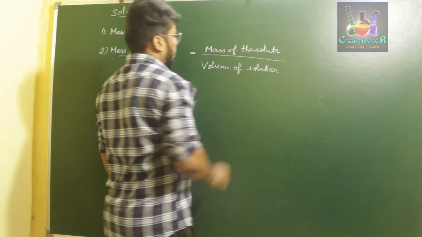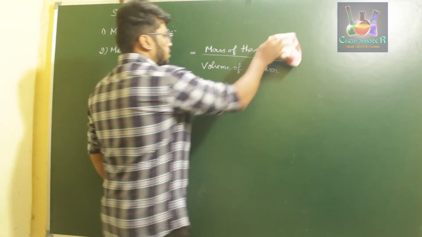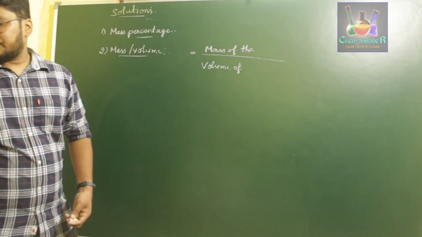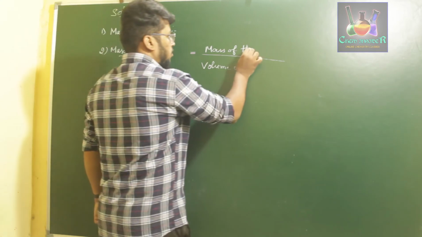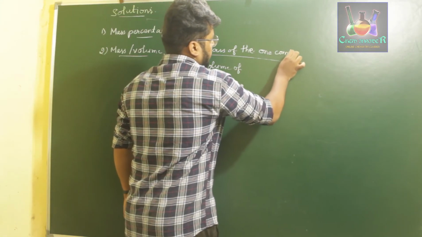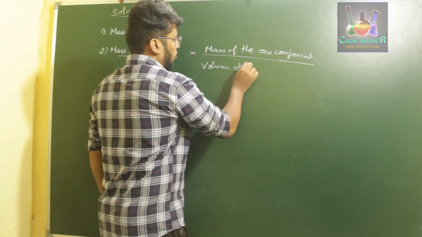You can also say, for a general equation, that to find the mass over volume of a component, it is the mass of one component divided by the volume of total components.